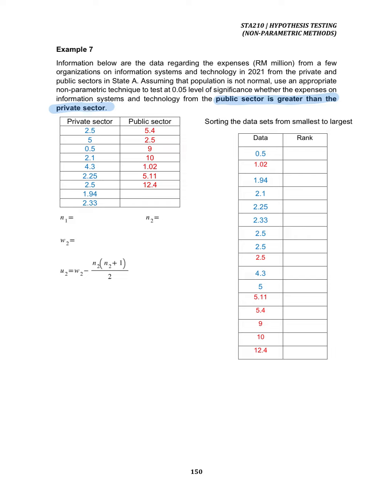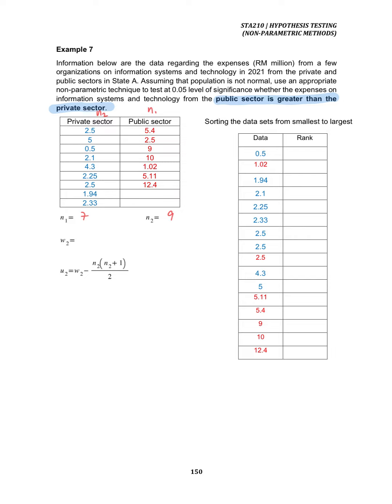The smallest sample size here is the public sector, so public sector will be assigned N1, and private will be N2. So N1 is equivalent to 7, N2 equals 9. Saya guna untuk N1 warna merah, N2 warna biru.